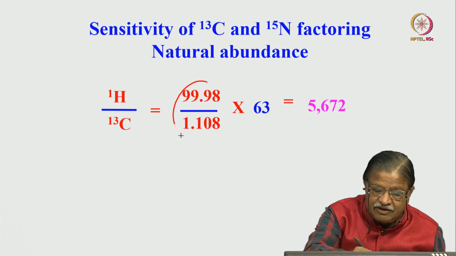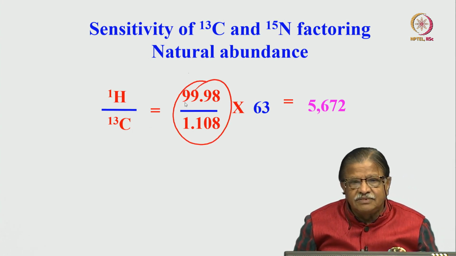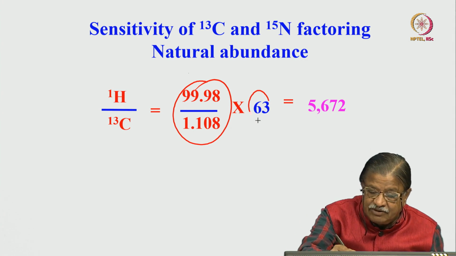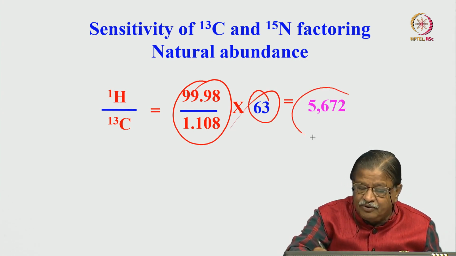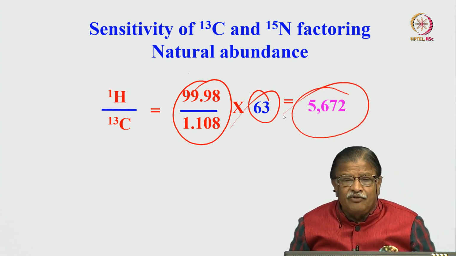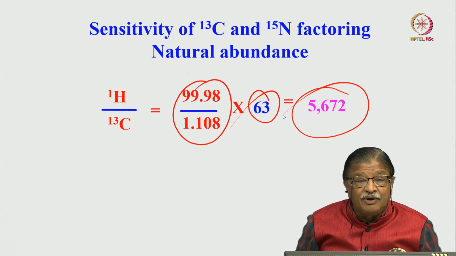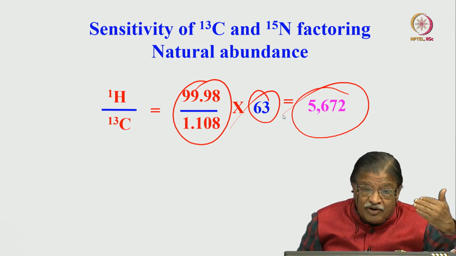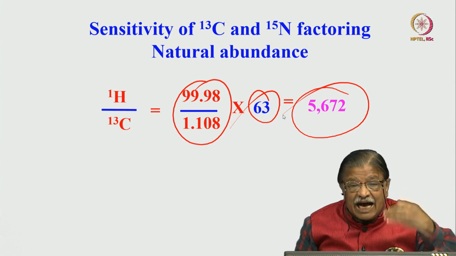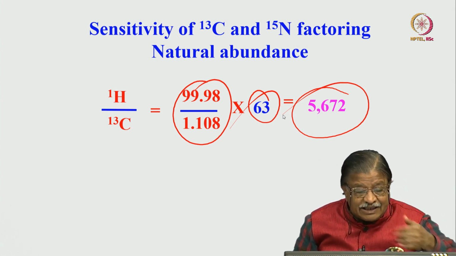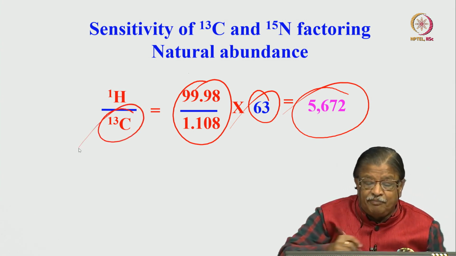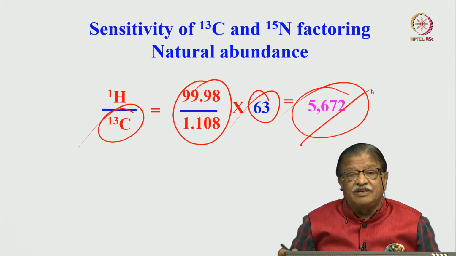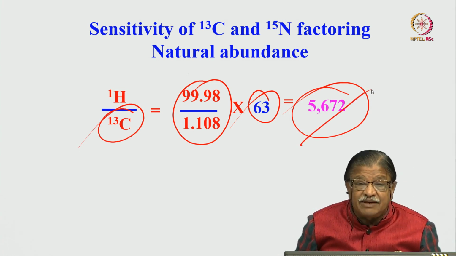Now this ratio was known, 63 is what we calculated, and if you do that it turns out to be 5672. Remember, now if I bring natural abundance as a factor, the detection of carbon 13 compared to proton is nearly 5700 times less sensitive.